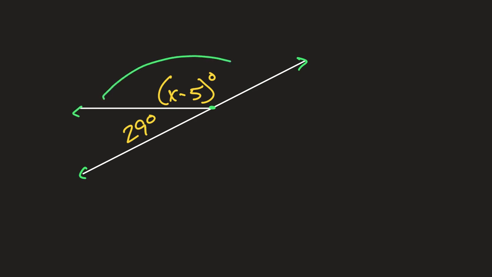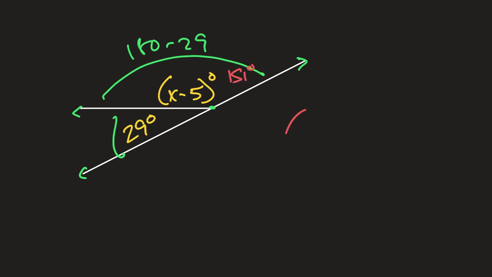What would this angle need to be? If this angle's 29, what is this bigger angle going to be? What would that be? 180 minus 29? 151. So you're talking about an angle measure here that's 151 degrees.